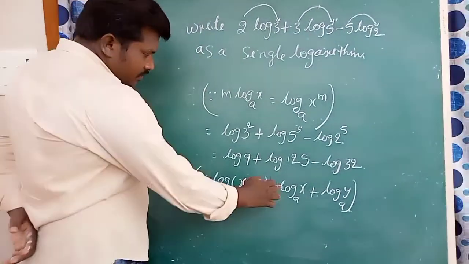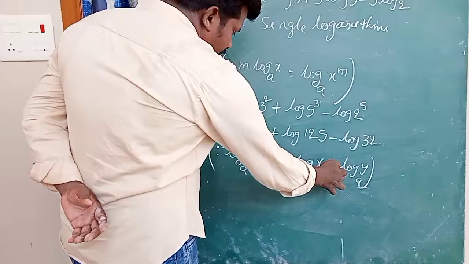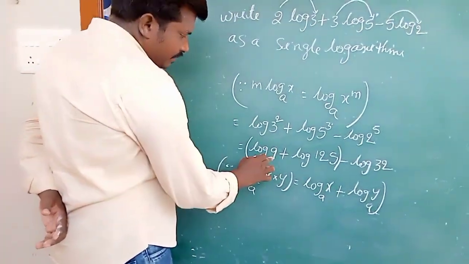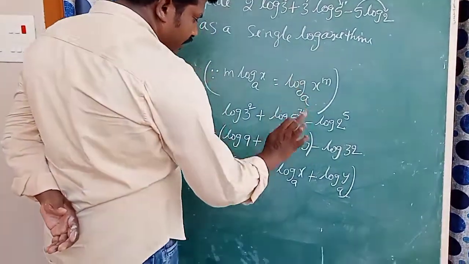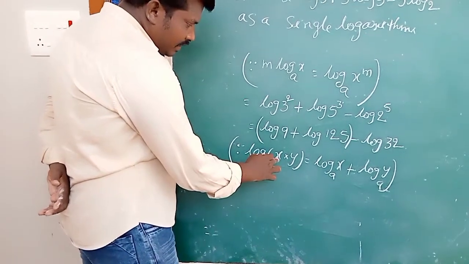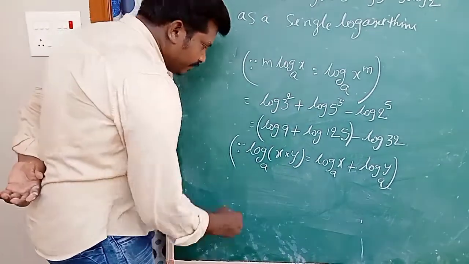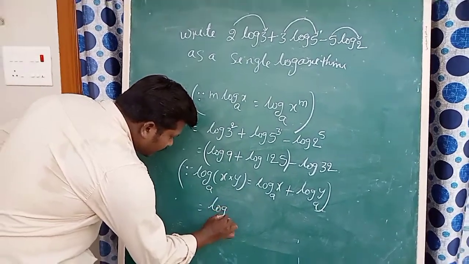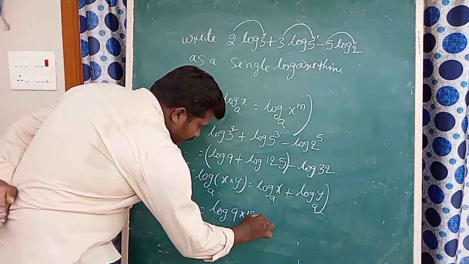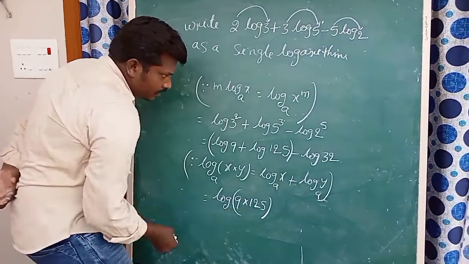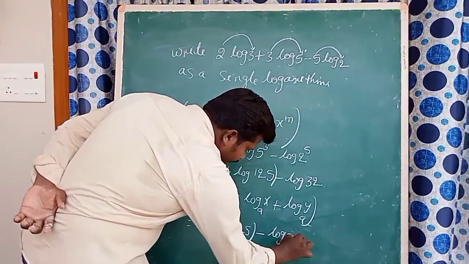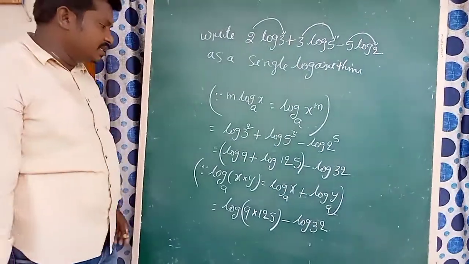Here compare this part to this one. x value is 9 and y value is 125. Substitute here 9 and here 125. This is simply log 9 into 125 minus log 32. That is written the same, no change in that.